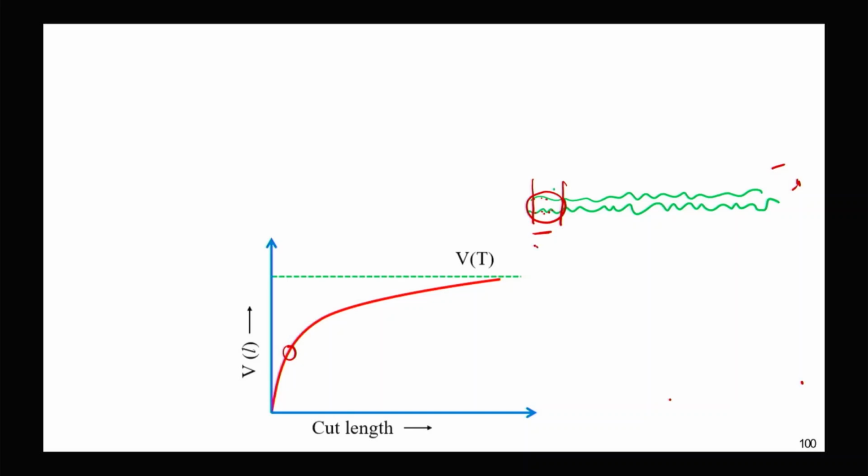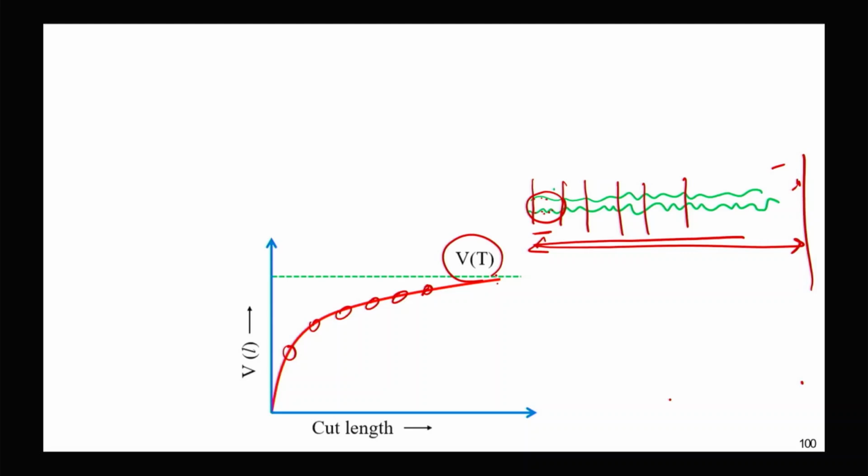In this way, if we go on increasing the cut length, we will accommodate more and more variability within that portion, and will incorporate all the variability if we take the cut length as the total yarn. This is the total yarn. So we get total variability if we take the whole cut length.